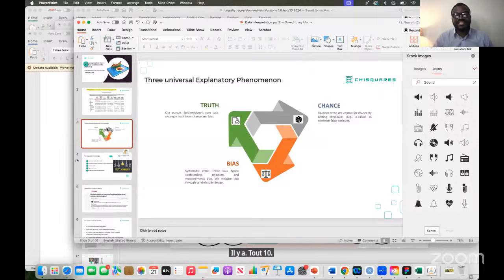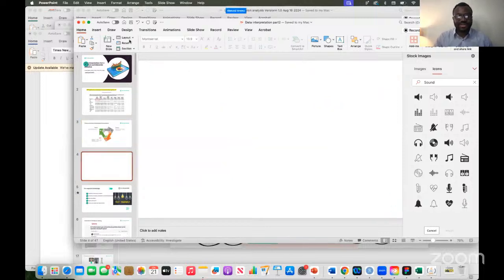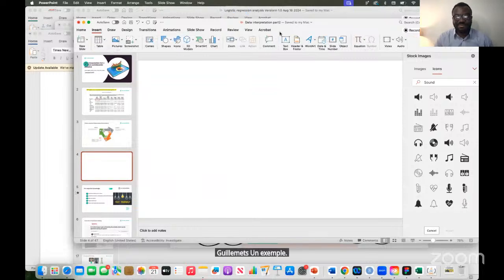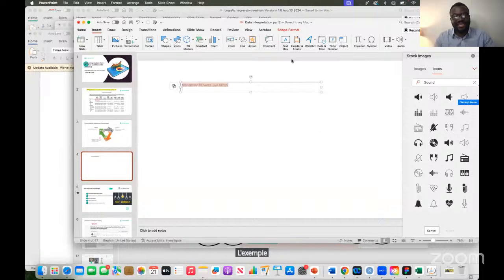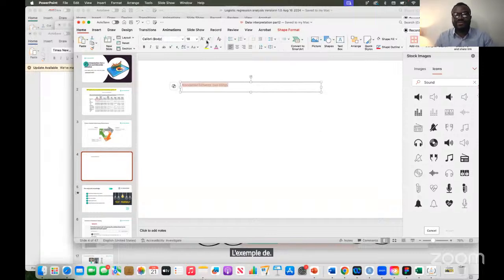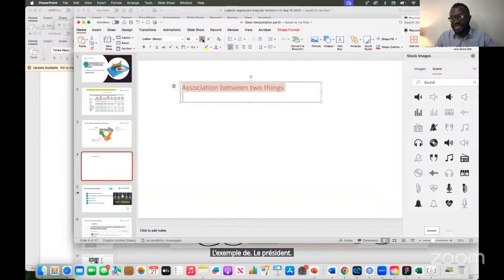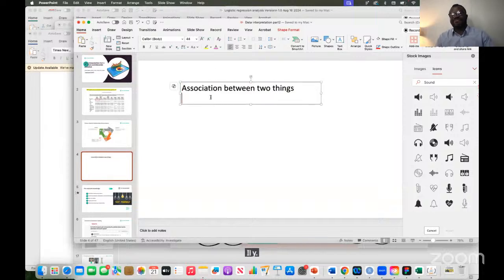All right, let's take your example. You're saying you're trying to look at the association between 2 things. So the example you said is that p-values sometimes may not be relevant when we're comparing 2 things, and then you gave the example of looking at an association between 2 things.